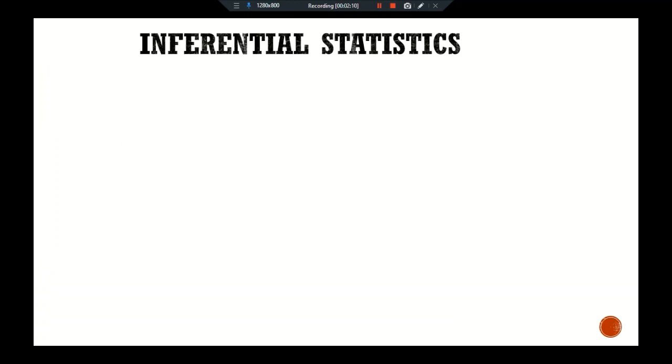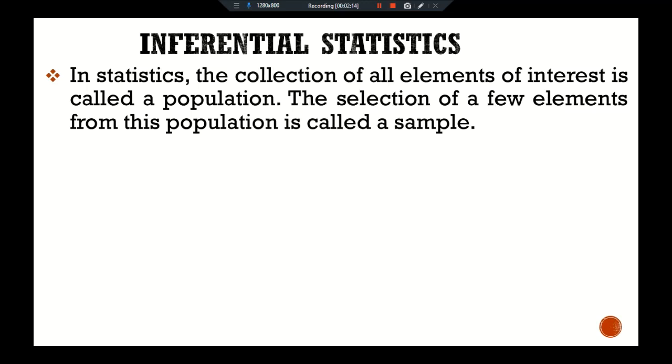So let's explain the concept of inferential statistics. In statistics, the collection of all elements of interest is called a population. The selection of a few elements from this population is called a sample.